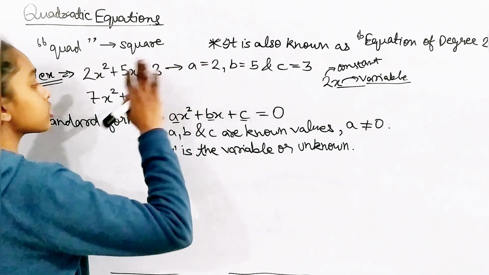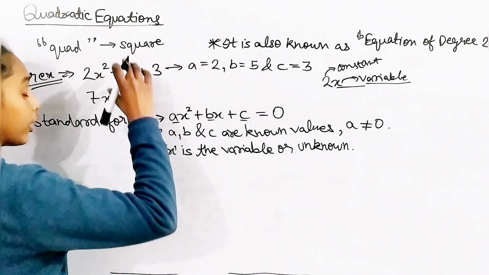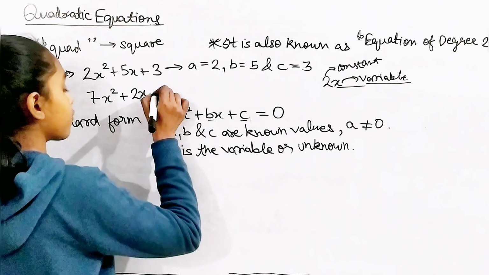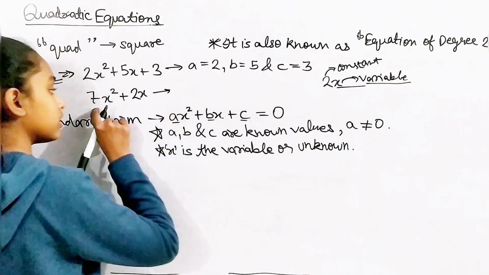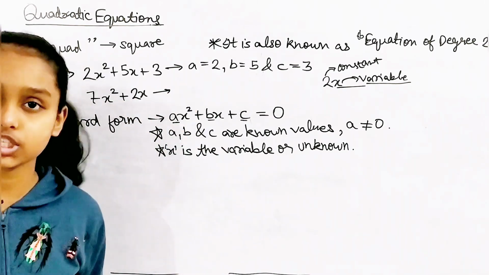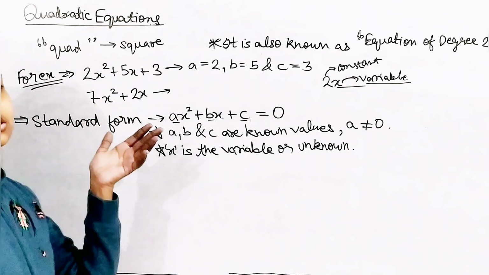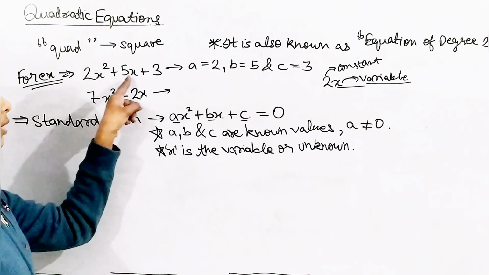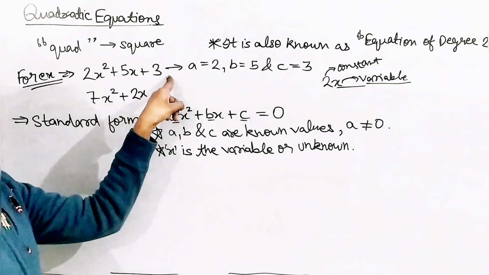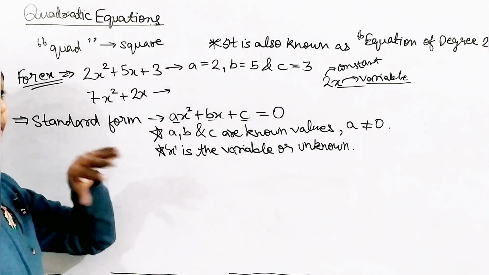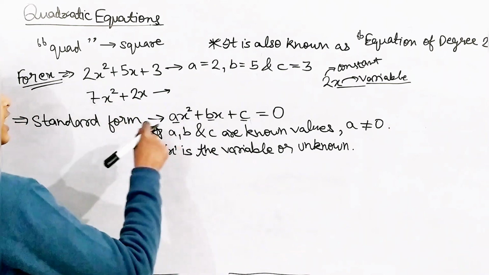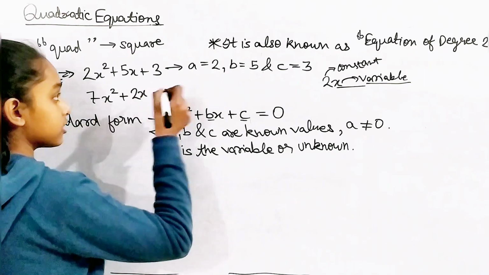Let's move on to the second one, which is 7x squared plus 2x. Can we say this is a quadratic equation? Of course it is. It doesn't matter that it doesn't have all three values written.